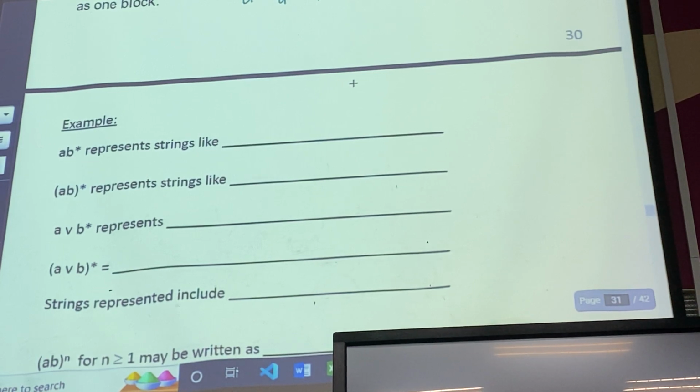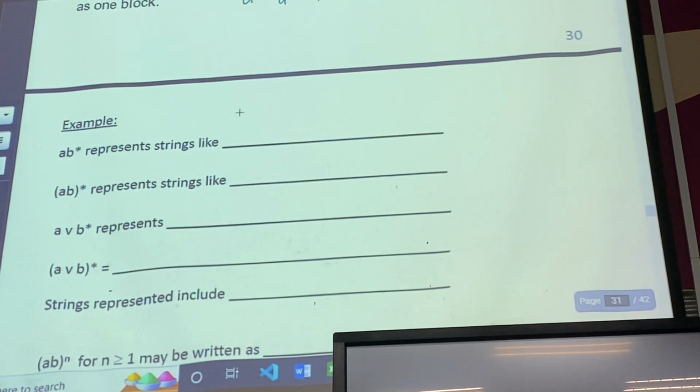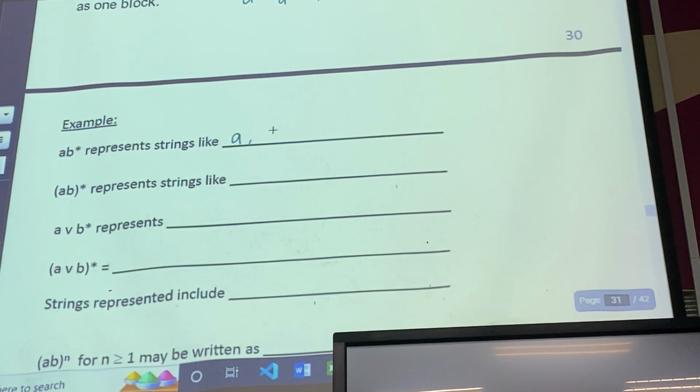What is the shortest one? A only, right? Because the asterisk can be 0. And then followed by AB, and then ABB, ABBB, and so on, right?